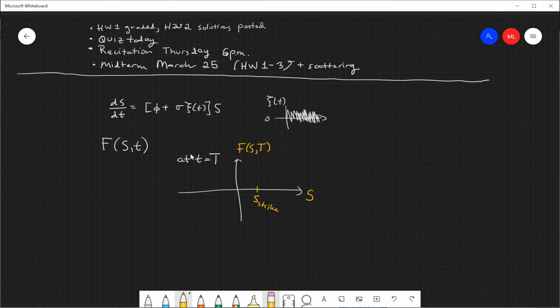You say, I have an option to buy this stock at price S strike all the way up till time big T. And if I don't exercise the option, if I don't buy the stock before then, the option just goes away. So at the expiration time, the value of the option must be just equal to the difference between the stock price and the negotiated price, because if the stock price is bigger than what you negotiated, then you'll be gaining this much value by exercising the option, right?